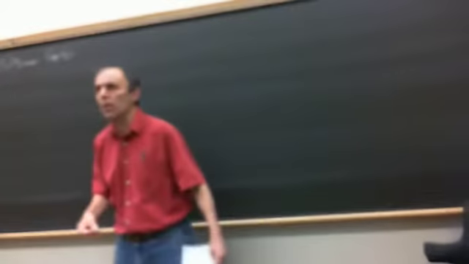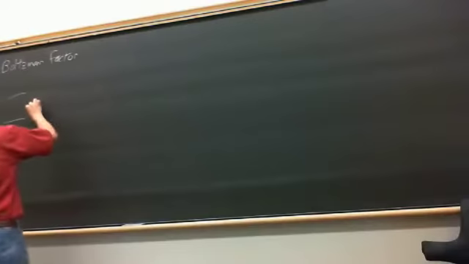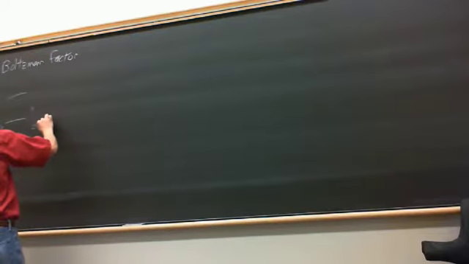And the Boltzmann factor says, suppose you have a bunch of discrete energy levels. So you have energy levels E1, E2, E3, E4, and so on. There could be a whole bunch of them. And this represents increasing energy as we go up.